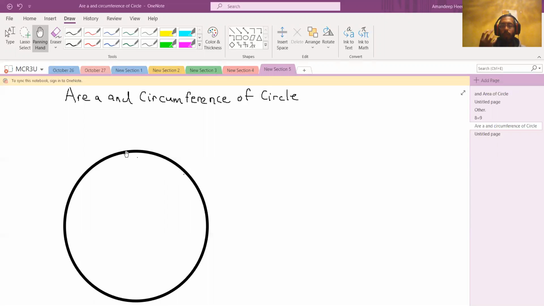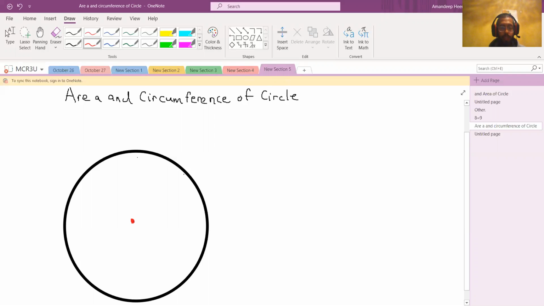Now, in order to find the circumference of a circle and the area of a circle, you must define what's called the radius. Let me draw a dot at the center of the circle. This red dot right here stands for the center of the circle.